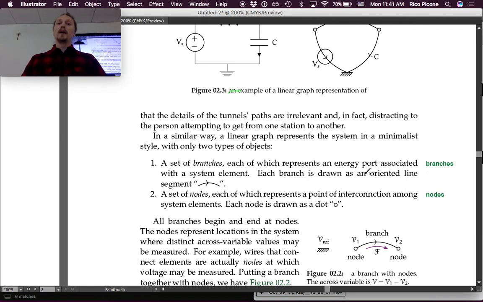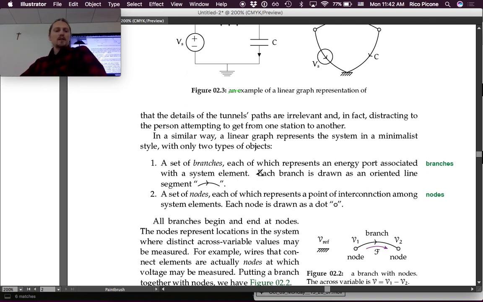In a similar way, a linear graph represents the system in a minimalist style, with only two types of objects in them. One of them is a branch. The linear graph is made up of a set of branches, each of which represents an energy port associated with a system element. Each branch is drawn as an oriented line segment, a line with an arrow in the middle of it, typically.